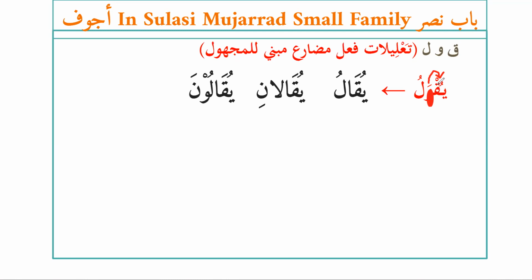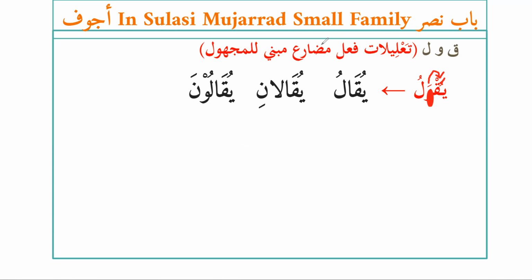And because now this qaf has fatha, accordingly an alif comes here. Because this qaf, which is the fa letter, has fatha, and fatha corresponds to alif, instead of waw we put alif here.